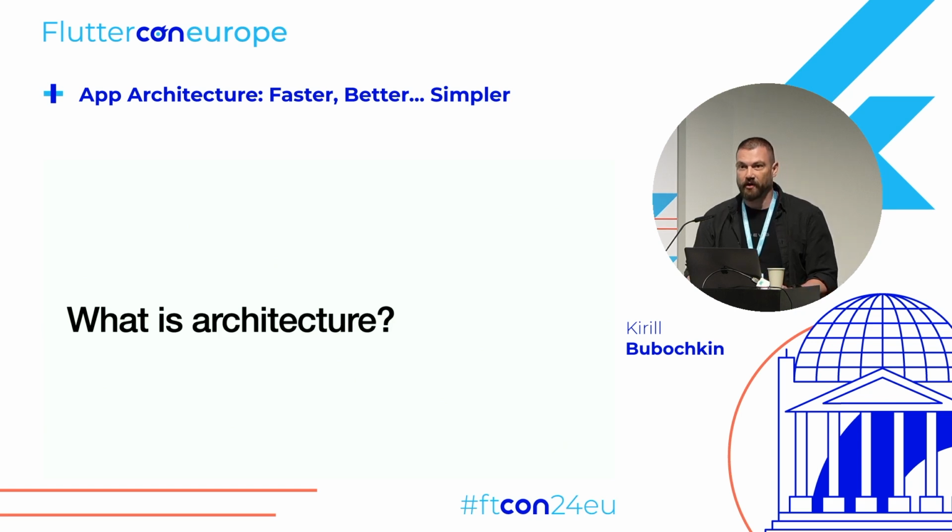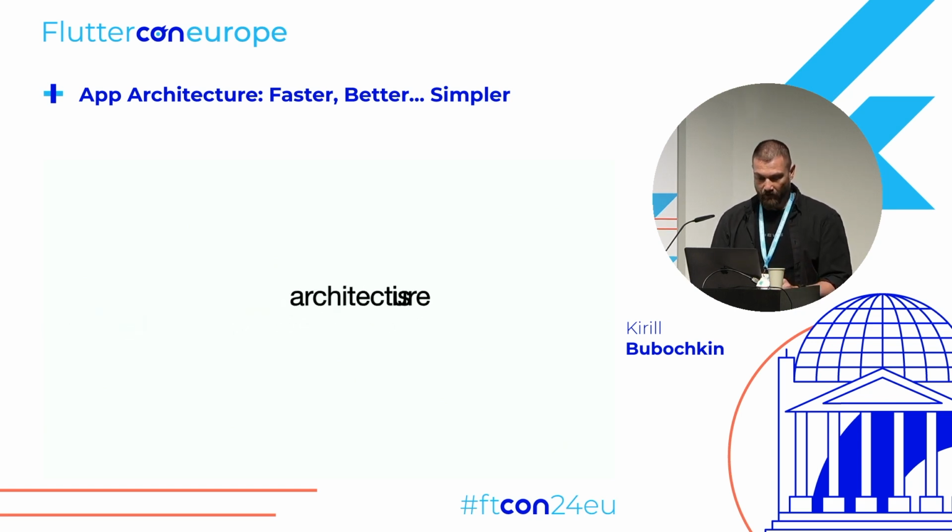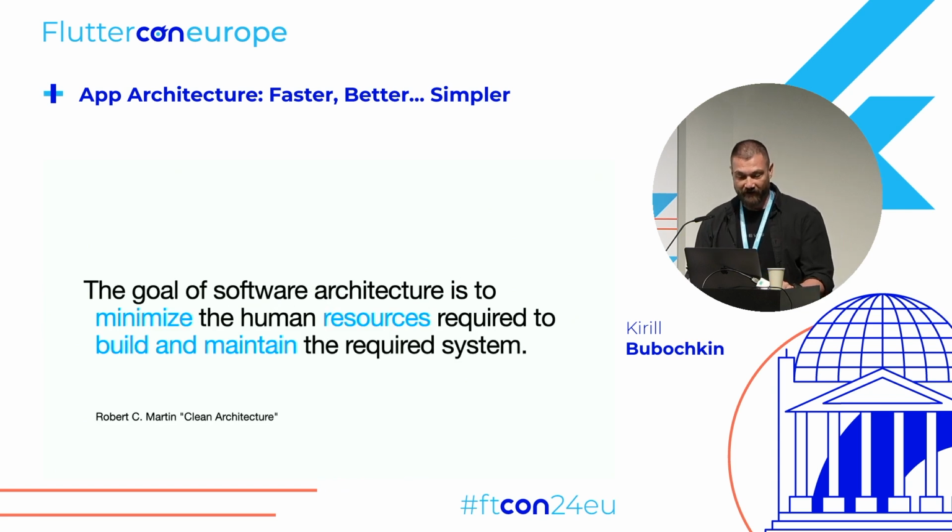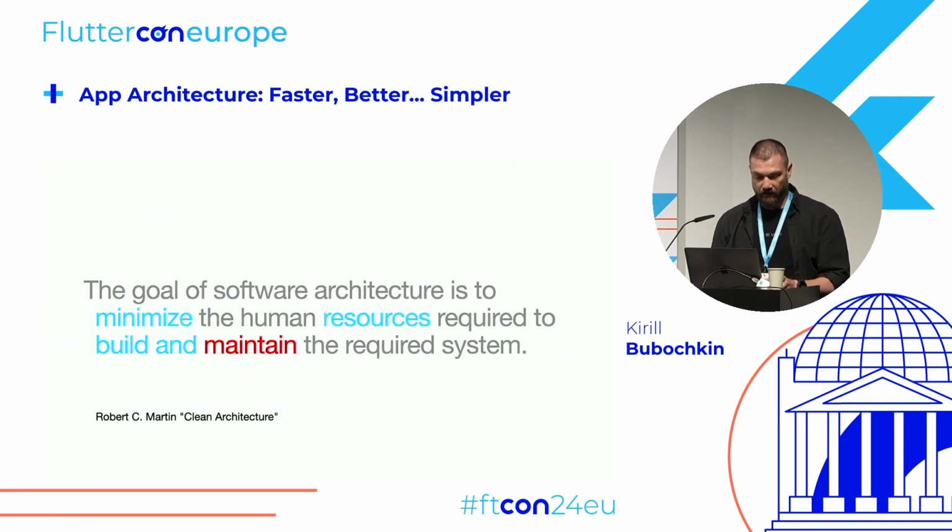So returning to our question, what is architecture? But before answering that question, let's talk about the goal of software architecture. I like this definition by Robert Martin in his Clean Architecture book. The goal of software architecture is to minimize the human resources required to build and maintain the required system. And the most important part here is maintain.